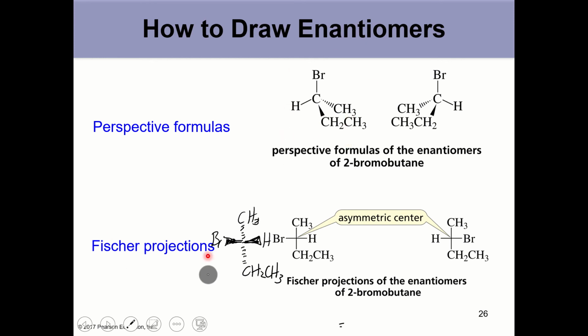Fisher projections are the method of displaying molecules preferred in biochemistry. It draws it flat and shows the asymmetric center as the center of the Fisher projection. Fisher projections have the following bond types, which must be memorized. All horizontal bonds are coming out towards you, and all dash bonds are going back away from you.